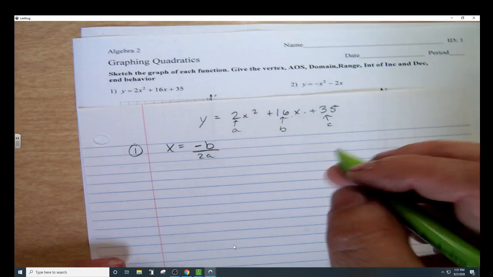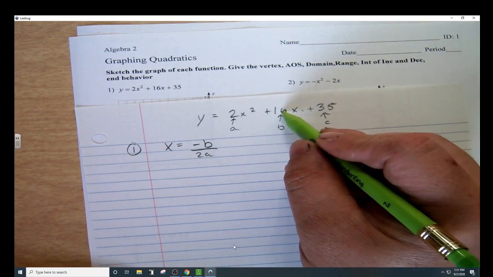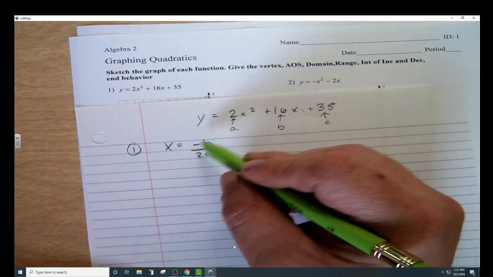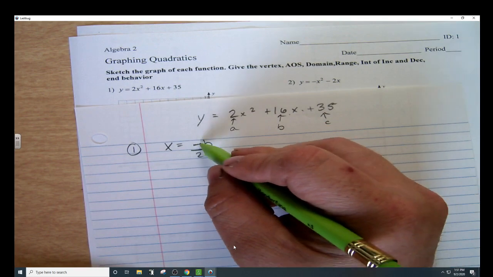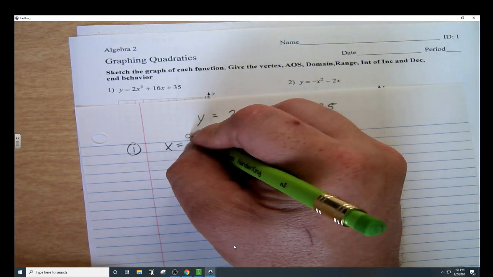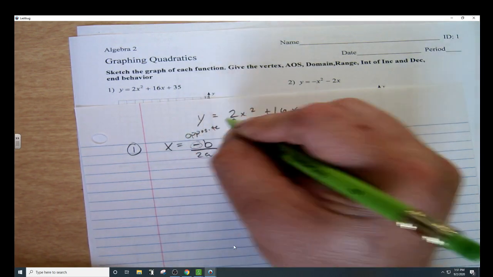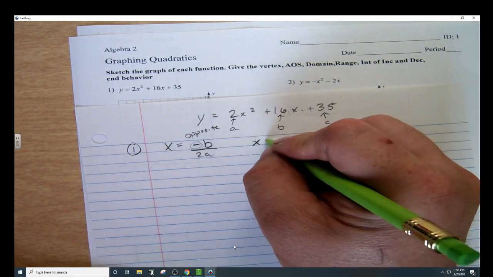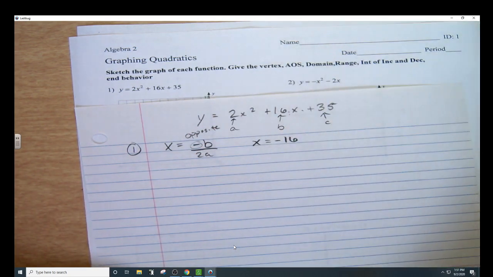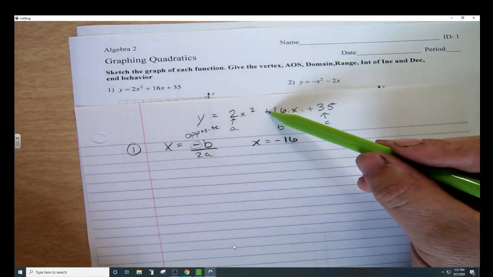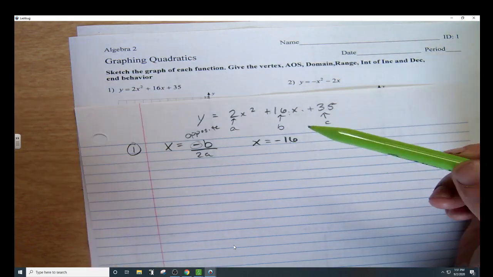Okay. Now, my b is 16, so this tells me negative b, or the opposite of b. If it's positive 16, it's going to be negative 16. If this was negative 16, this would be a positive 16. It's always the opposite sign.